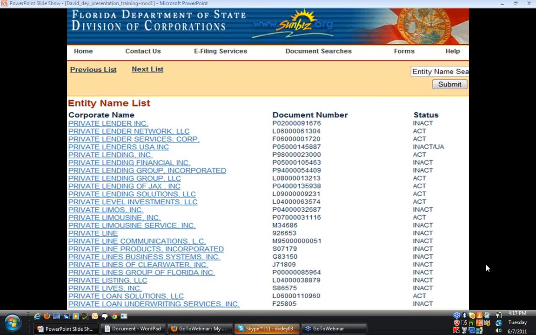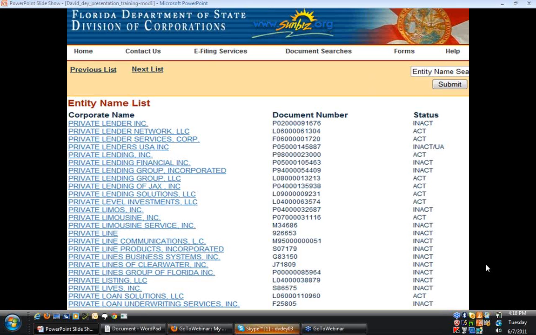And I know a lot of you guys are going to ask the question about SEC. These guys are in business as private lenders. It is a matter of public record that these guys are private lenders. This is like going through a Yellow Pages. Would you call the SEC when you looked up Yellow Pages to do business with a mortgage company?